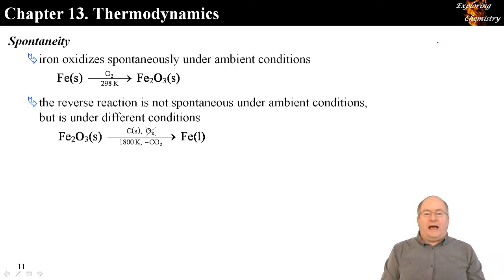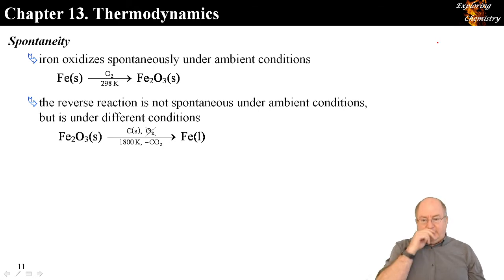However, the reverse reaction doesn't occur under ambient conditions, but it does occur when you remove the oxygen and you put it at elevated temperature in a carbon-rich environment. So iron oxide, high in carbon, at 1800 Kelvin, will react to produce liquid iron and carbon dioxide.